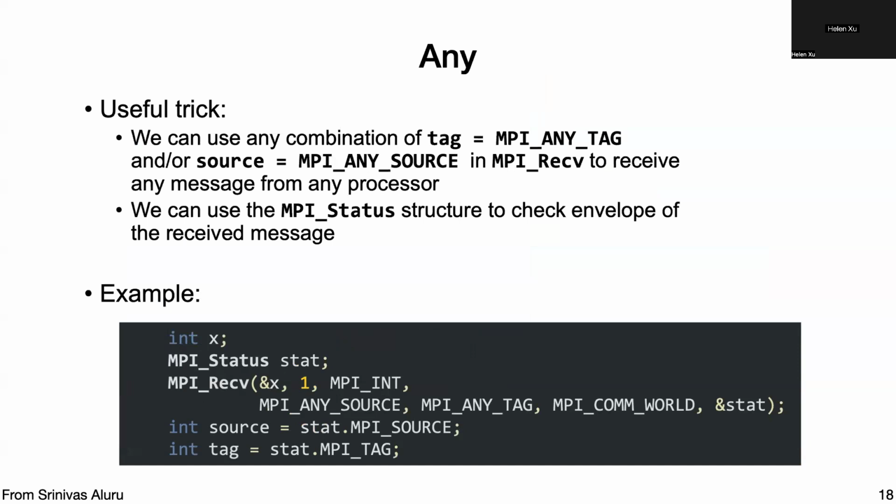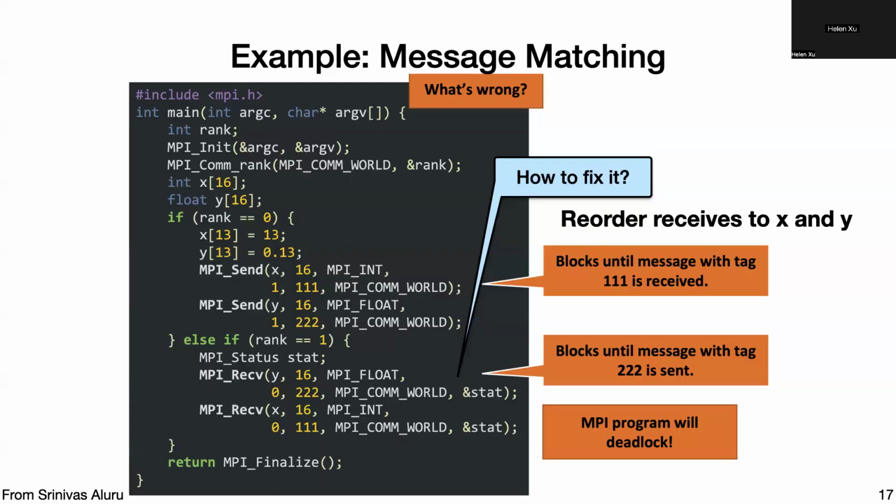Like I said, you can use MPI any tag if you don't care about it. Yes, of course. I thought you said that send doesn't have to wait for acknowledgement, it may wait for acknowledgement. So why does rank 0 block until tag 111 is received? This version of send blocks until it has been received.